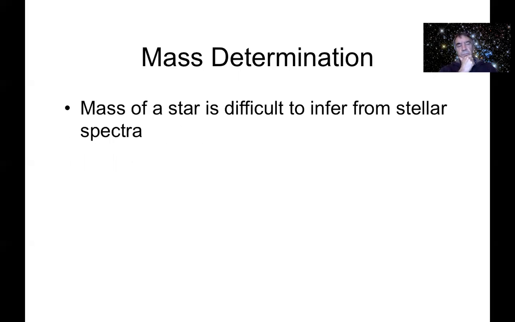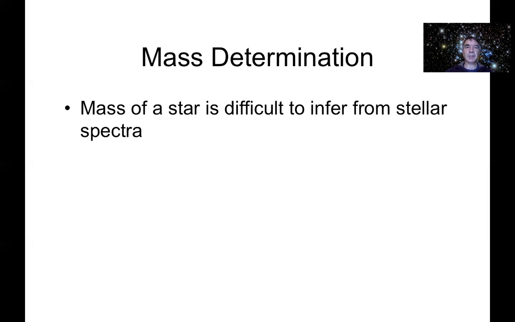So why can't we just determine the mass of a star from taking a spectrum of the star, for instance? You can have a bit of a stab at it from information in the line profile, but it's not very easy and it's not very accurate. If you've just got a single star sitting there by itself, it's quite difficult to infer the mass just from studying the properties of the atmosphere of the star, which is where the spectra comes from.